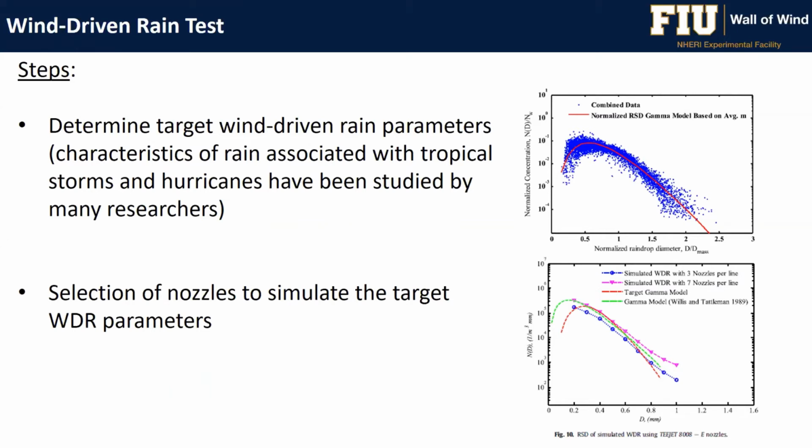We have field data, and we select the appropriate nozzles that are placed in front of the fans. Actually, they're attached to the spires that are located in front of the fans. And by doing that, we calibrate our profile and we compare it to the field data.